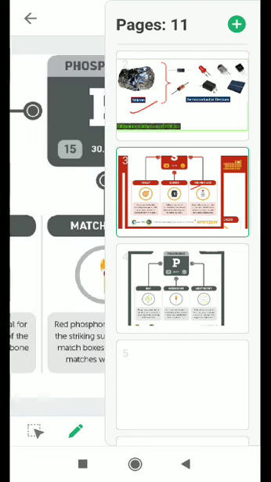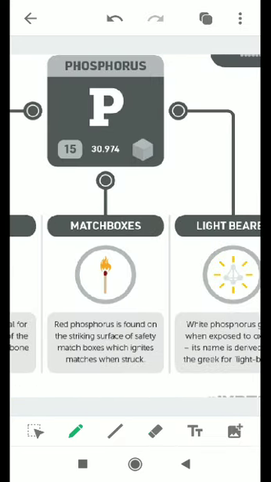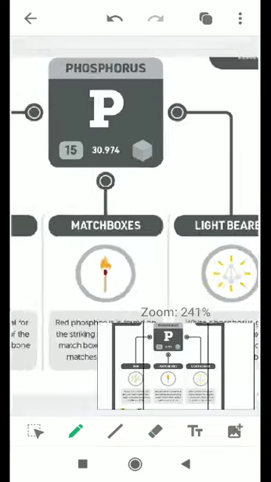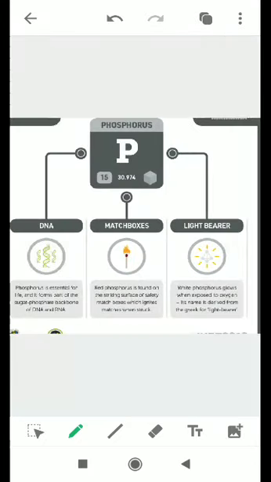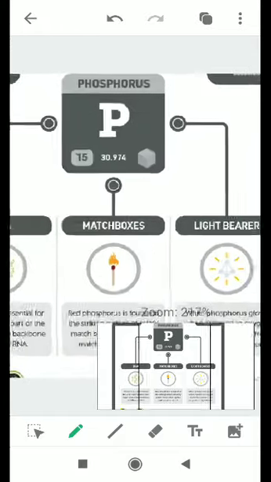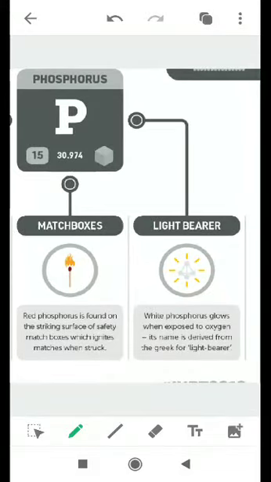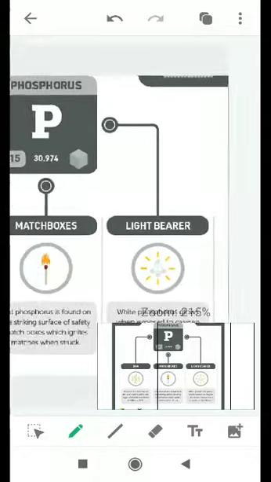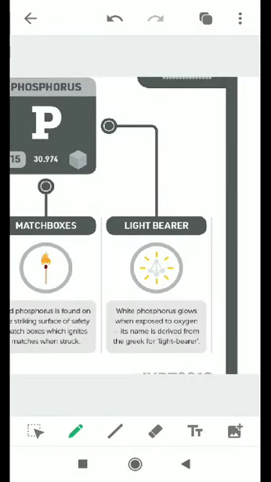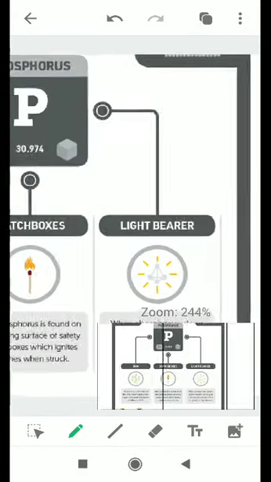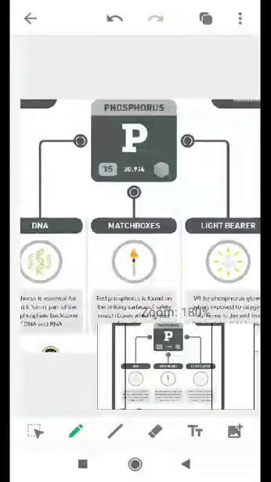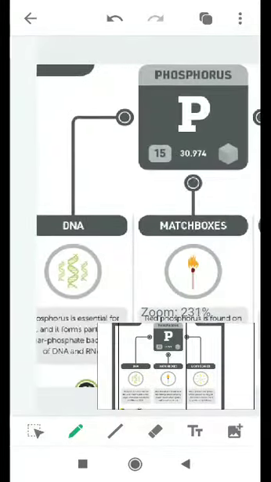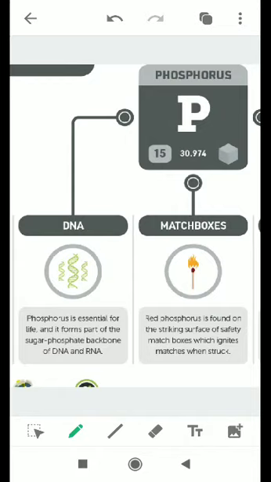Let us see the uses of phosphorus. Phosphorus is used in making matchboxes, as it is a very flammable substance, so it is used in the formation of matchsticks. It is also used in phosphate fertilizers, and also in the formation of DNA.